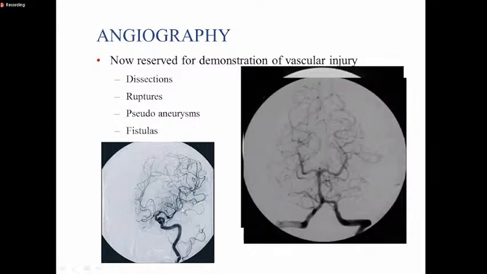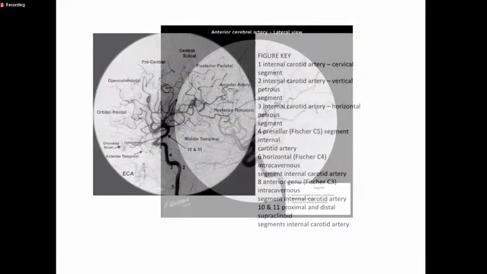For the posterior circulation, remember most of the blood comes through the vertebrobasilar system. The vertebral arteries come and join to form the basilar artery, and then the terminal branches are the posterior cerebral arteries. You can see them very well, and the other branches that come from the basilar artery, which you can pick. Same thing there.